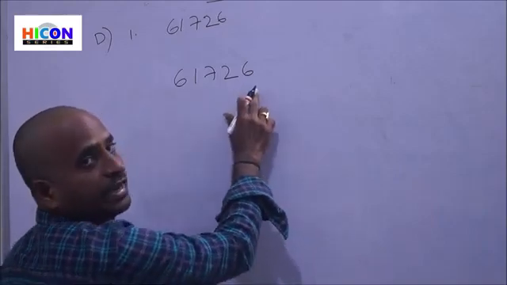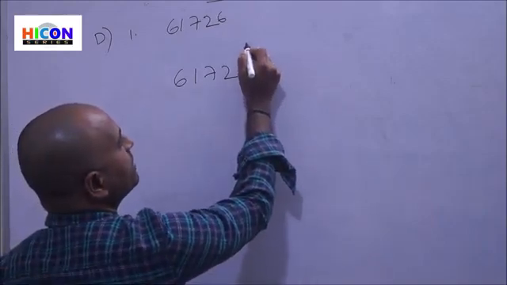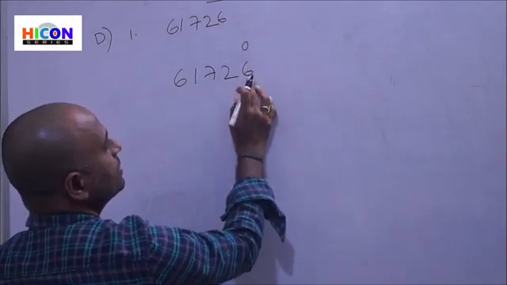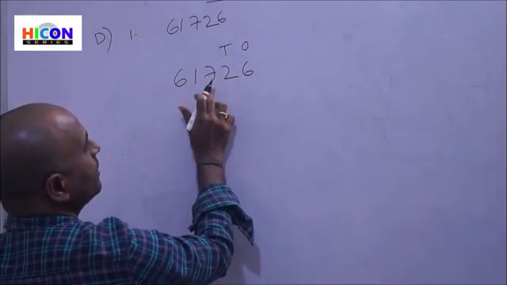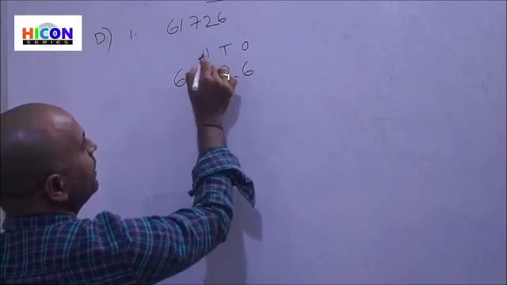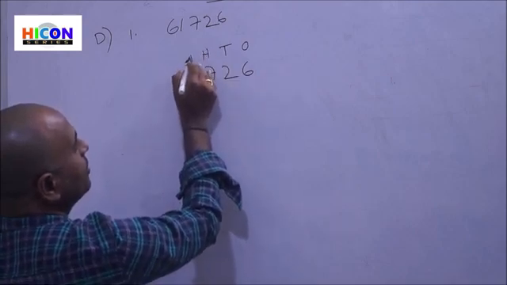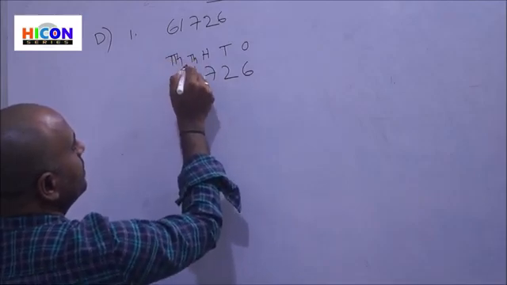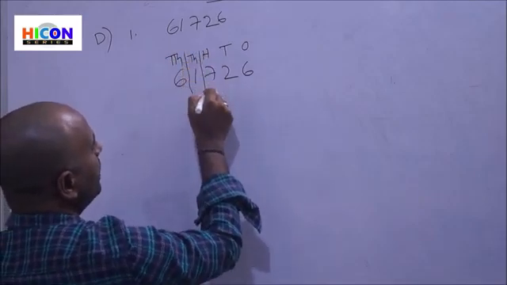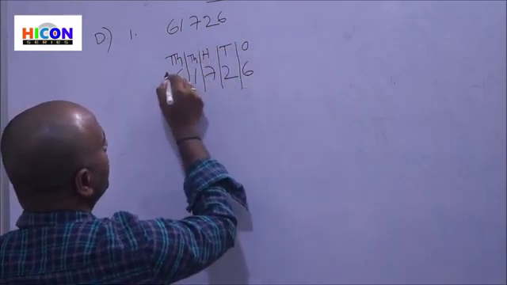So write the place values, that is, write the places. 6 is in the ones place, 2 is in the tens place, 7 is in the hundreds place, 1 is in the thousands place, and 6 is in the 10,000s place. So this is the place value chart for the given number.